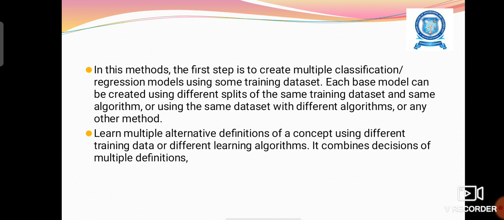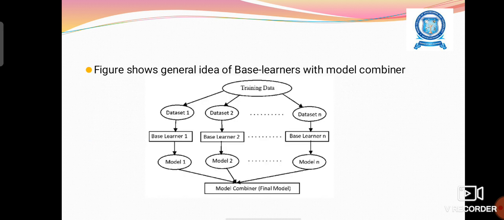In voting, the first step is to create multiple classification or regression models using some training data set. Each base model can be created using different splits of the same training data set and the same algorithm, or using the same data set with different algorithms. Learn multiple alternative definitions of a concept using different training data or different learning algorithms, and combine the decisions of multiple definitions.